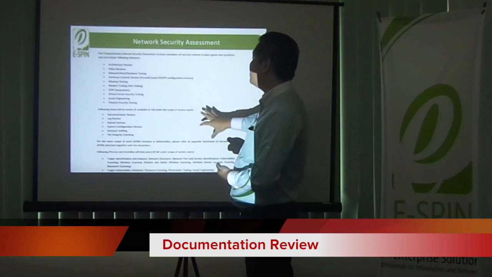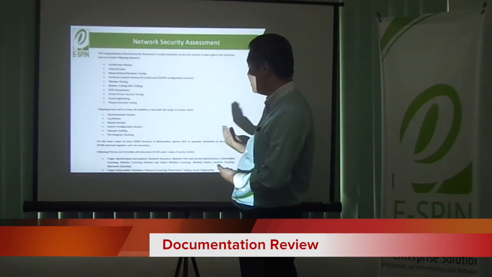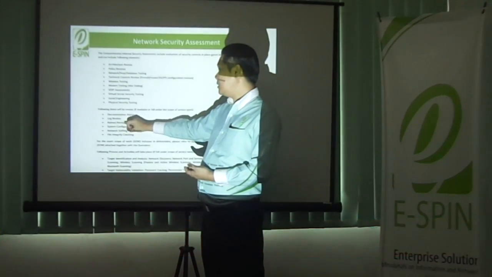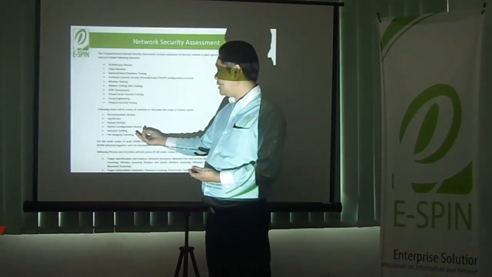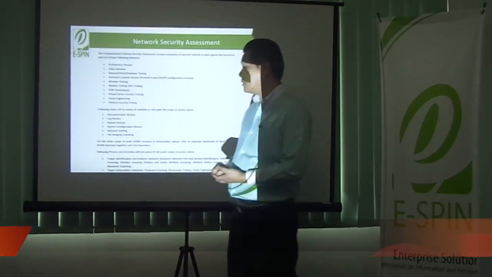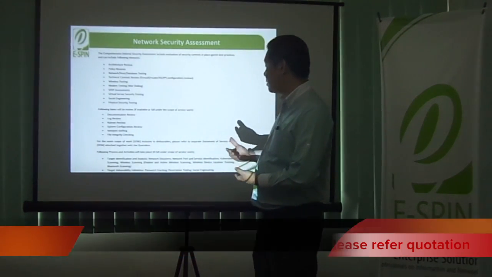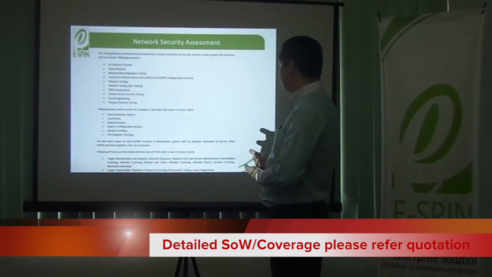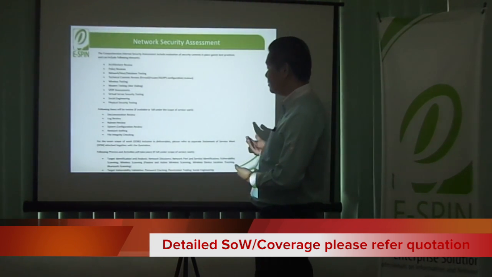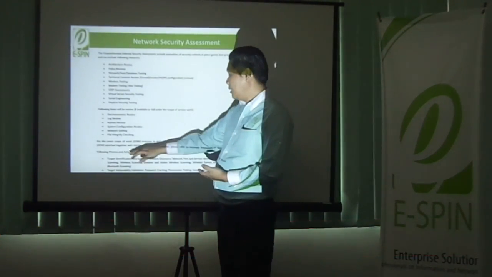The following elements will be reviewed if available or fall under the scope of work: the documentation review, the log review, the rule set review, the system configuration review, the network sniffing, and the file integrity checking. For the exact scope of work inclusive in the delivery, you may refer to the statement of work attached together with the quotations or the services.